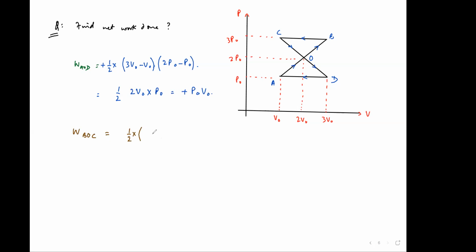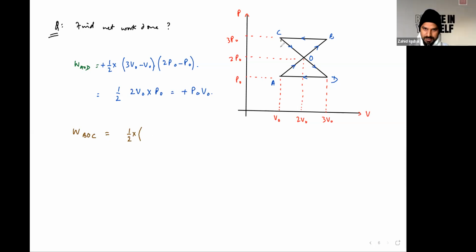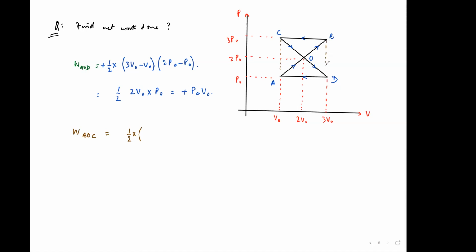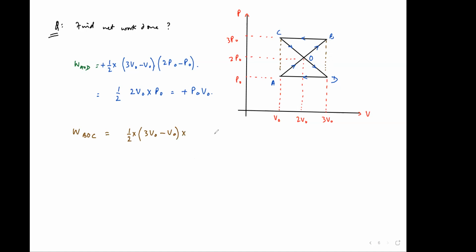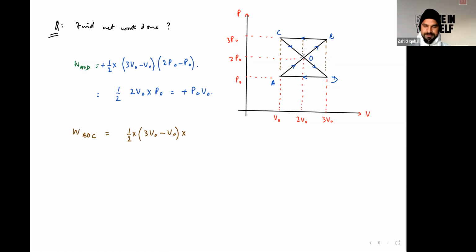It is going along this way, from this part to this part. So 3V naught minus V naught, okay? That is horizontal component. And what we have for vertical line from this point to this point, it's 3P naught minus 2P naught. Is it clear?